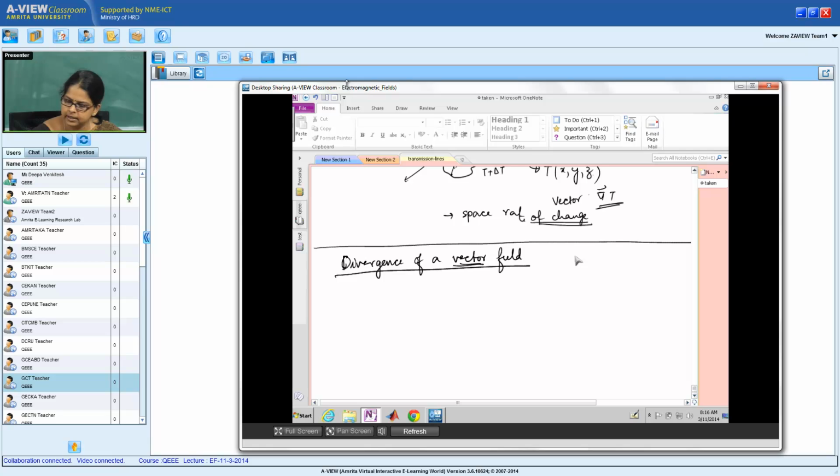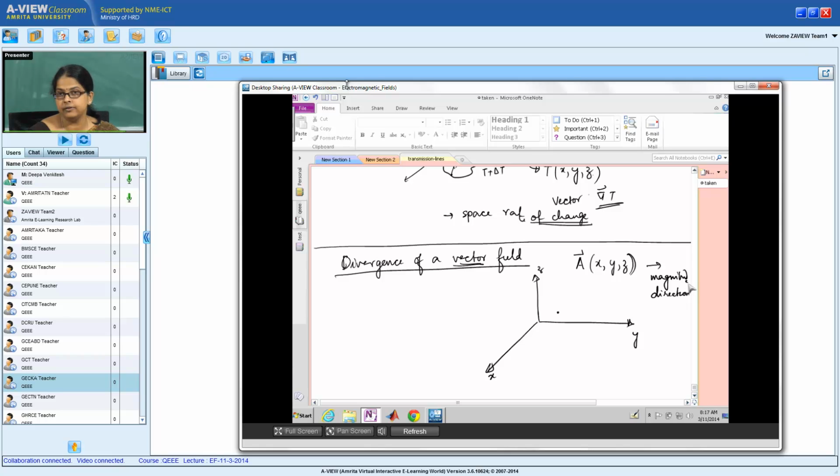Whereas in a vector field, I will be talking about a vector which will have x, y, z dependence. So an example is, say this is my coordinate axis. I could have a vector at this particular point in space. The way a vector field is represented is, you need its magnitude and you need the direction.